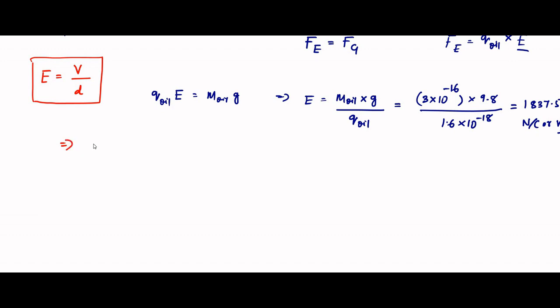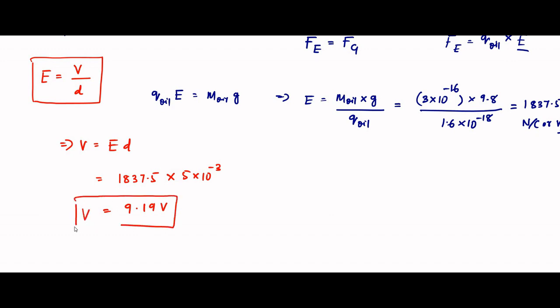That implies the electric potential is equal to the electric field multiplied with the separation distance, that is 1837.5 into 5 into 10 to the power minus 3. So the result is 9.19 volt, or 9.2 volt, rounding it off. This is the electric potential between the two plates.